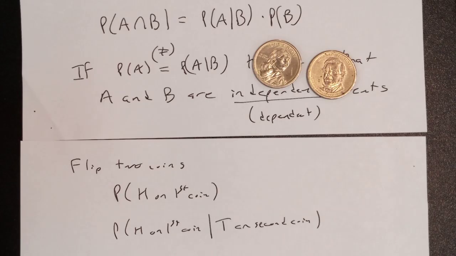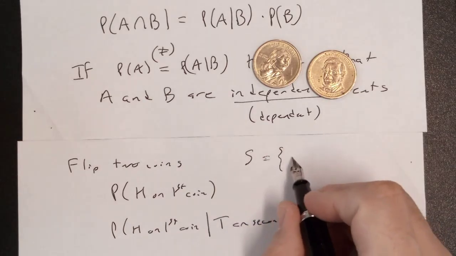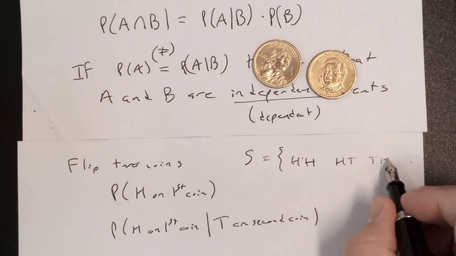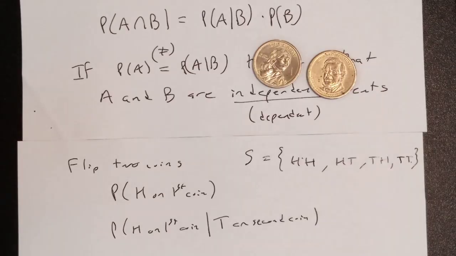But that's true for each coin, right? So how many possible results are available in the whole scheme of things, looking at the results from both coins together? Right. My sample space looks like this, where we're putting the coins in order. First coin, comma, second coin.